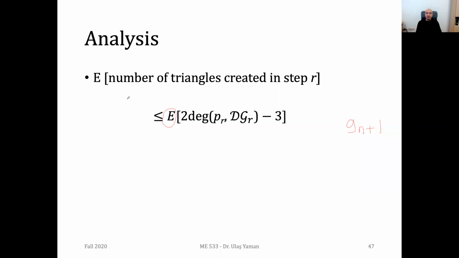Now we are trying to determine the number of triangles created in any step R. So what is the degree? The expected degree is 6.